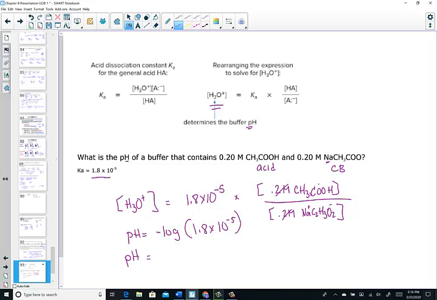When a buffer is an equal concentration with its conjugate base, the acid and the base are of equal concentration, that ratio just falls out. pH can be found by taking negative log of the Ka. Let me hit that. Whoops, clear screen. Negative log of 1.8 E negative 5. My screen reads 4.74 pH units. Cool.